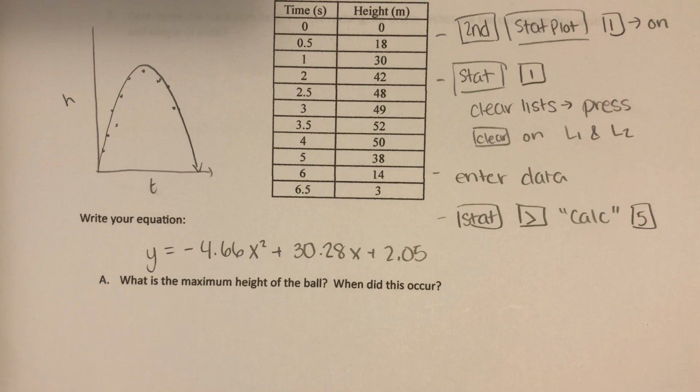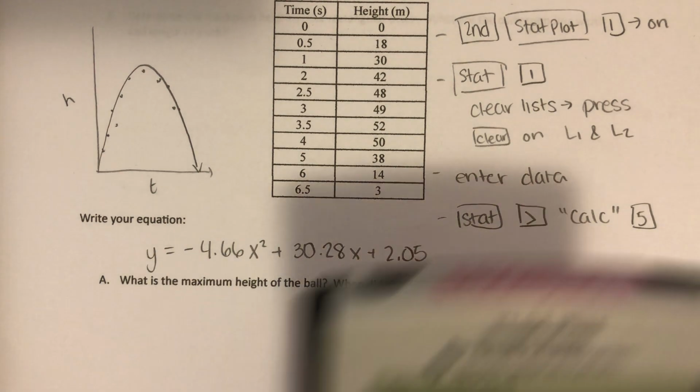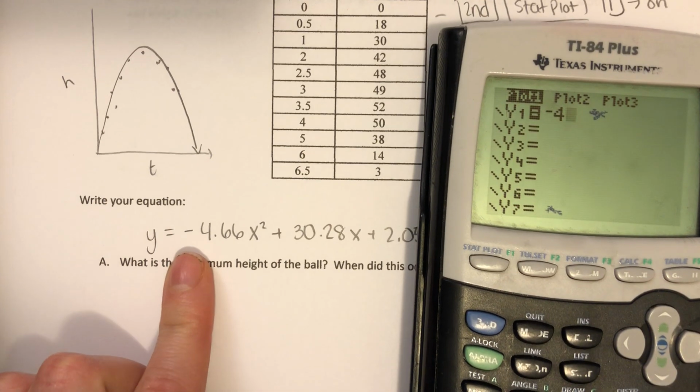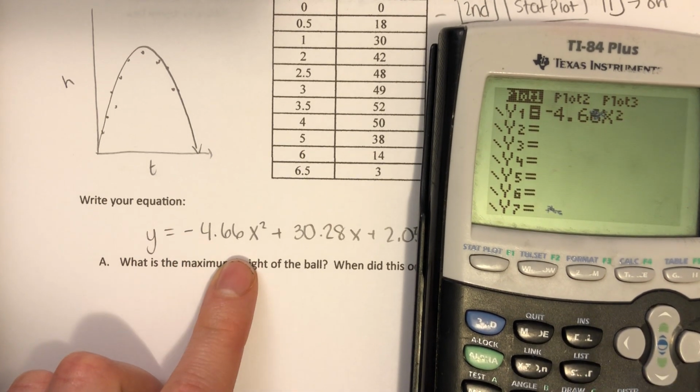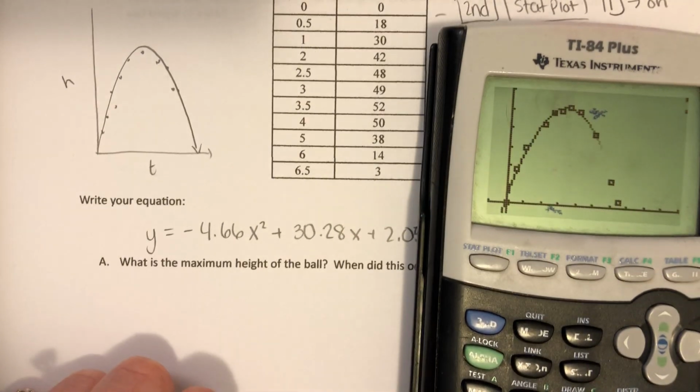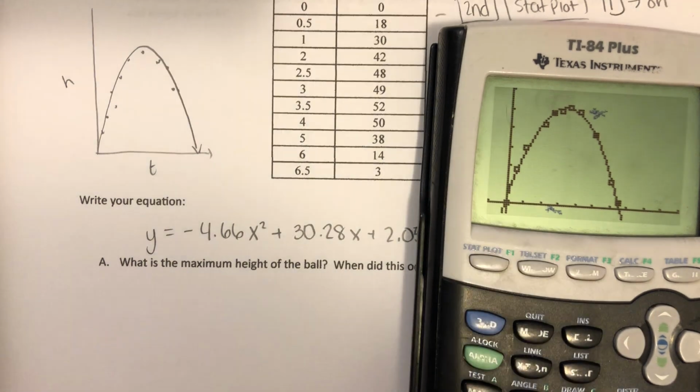Okay, so if we go and put that into y equals now and hit graph, see how we have a nice line that flows through all of those points?